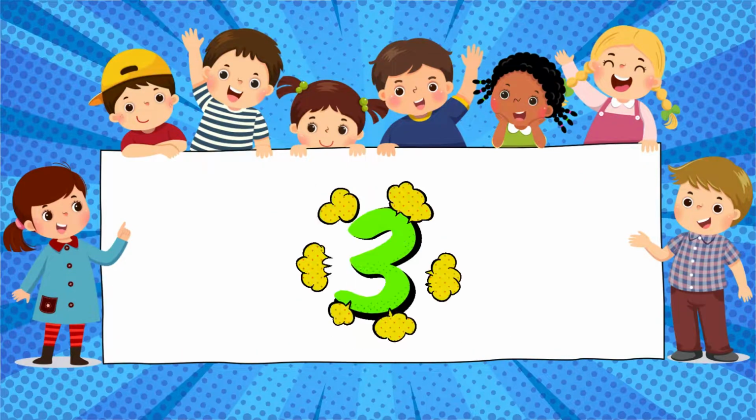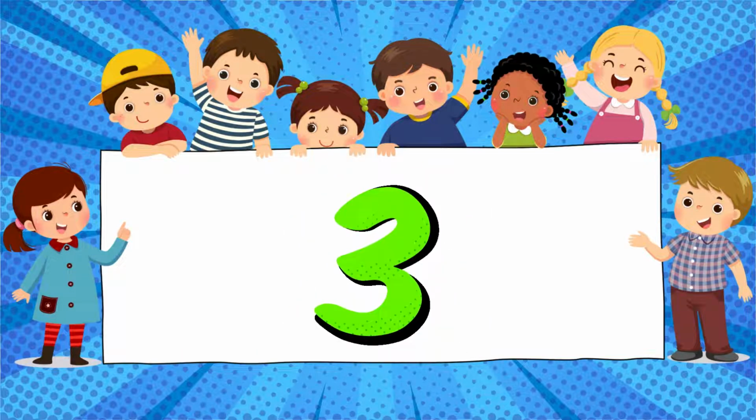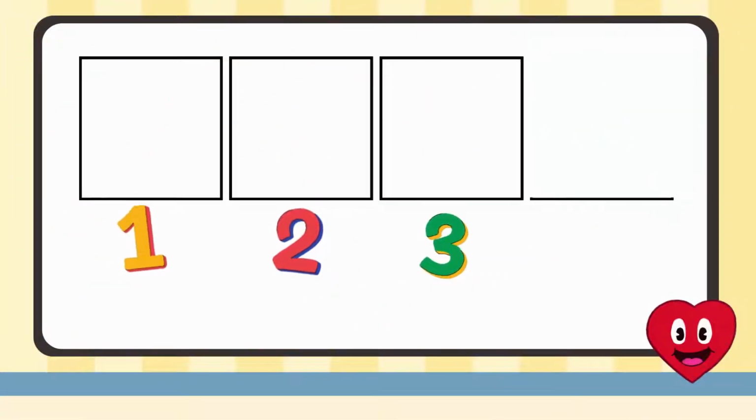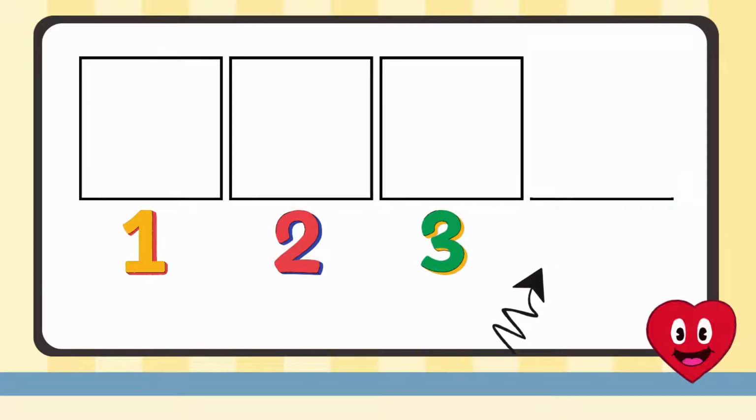I'm holding up 3 fingers. How about you? That means we need 3 sound boxes, 1 for each sound. I know you're paying close attention, so I'm sure you noticed that there's also a line after the last sound box. We'll talk about that really soon.